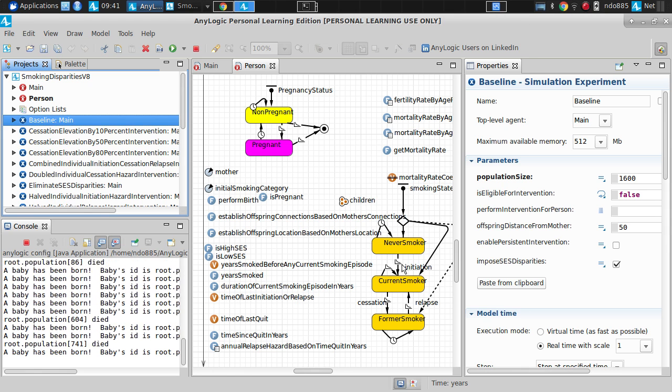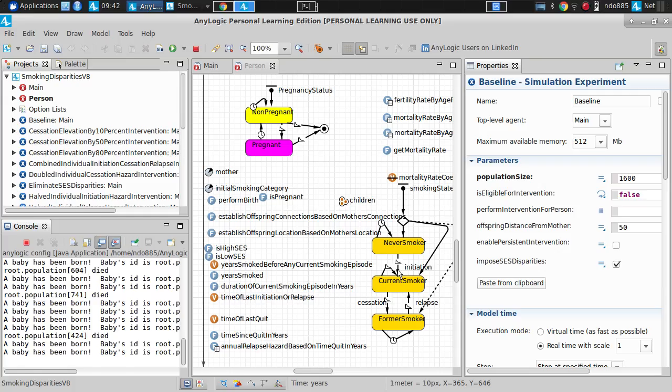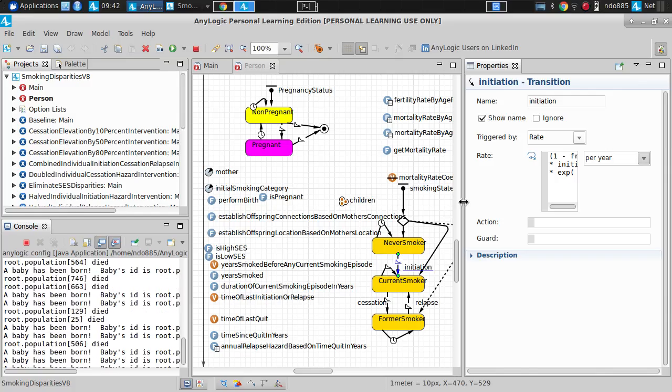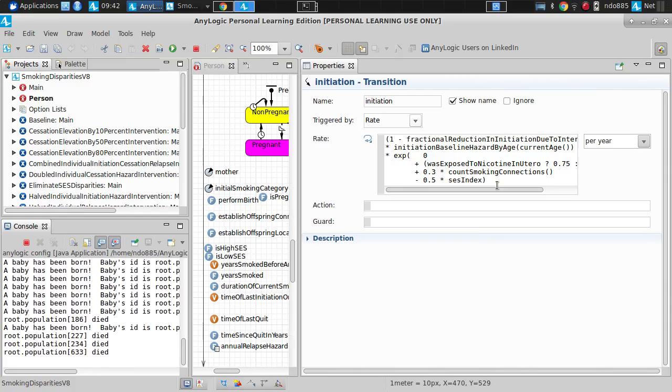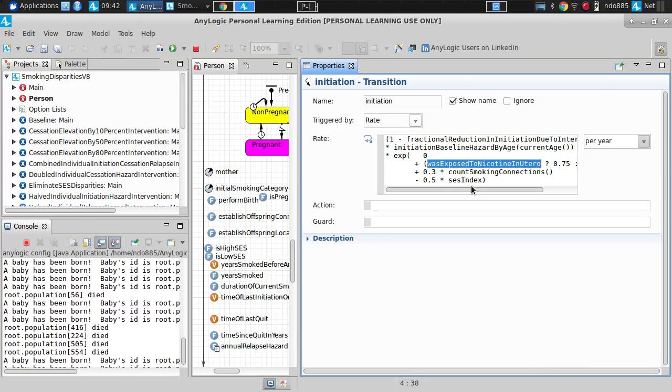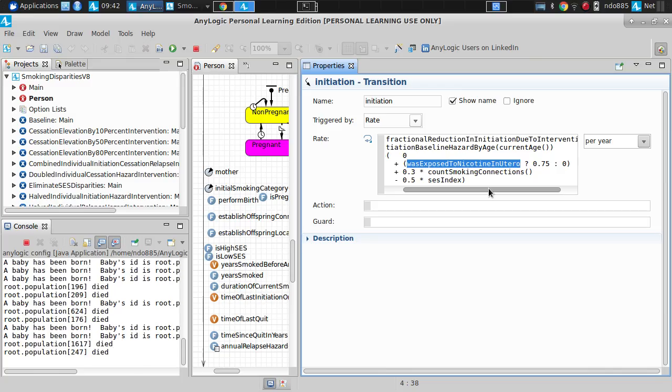This gave a theory, and if you looked here more closely, what you might have found, and I should have dwelled on it, is, for example, initiation is affected by a number of things. It's affected by SES index. It's affected by whether the person was exposed in utero to nicotine. The idea being someone may get into the habit of smoking, crossing that threshold of smoking 100 cigarettes in their life if they were exposed in utero.